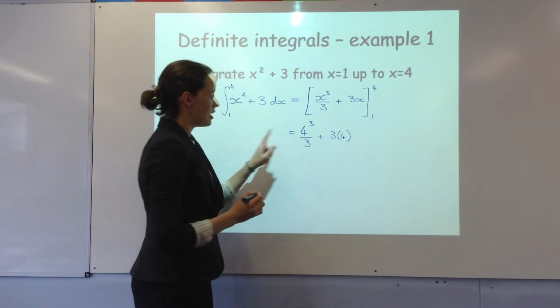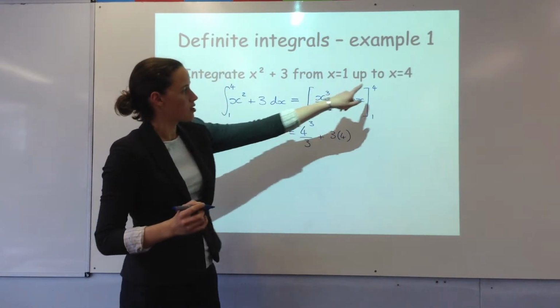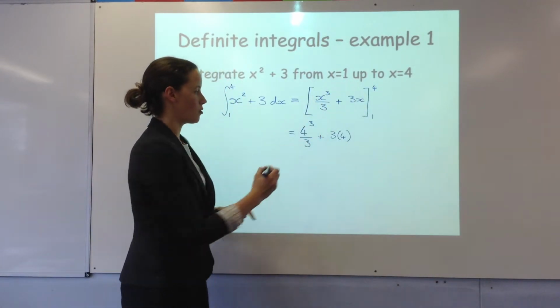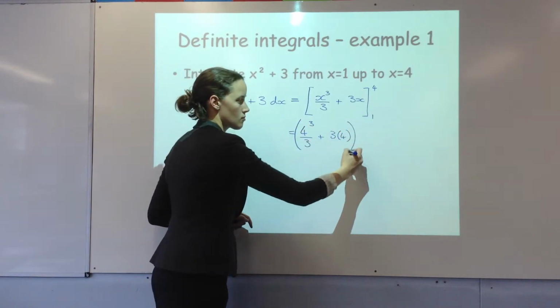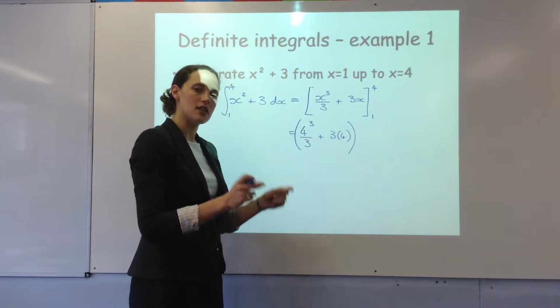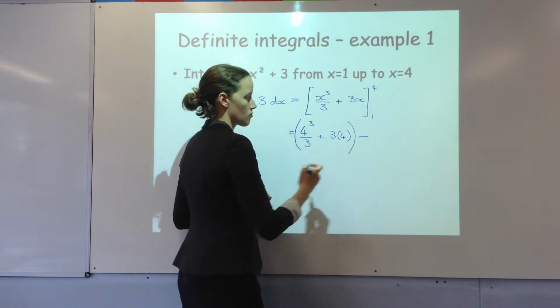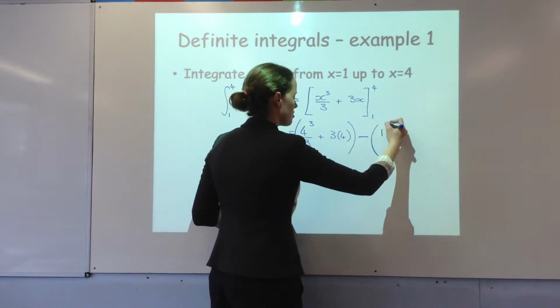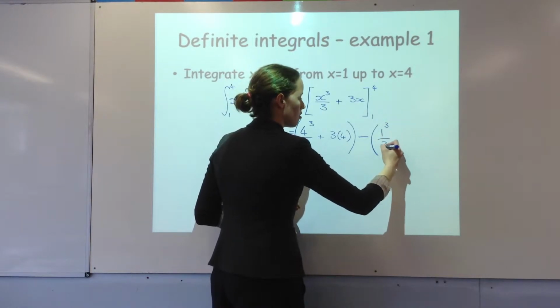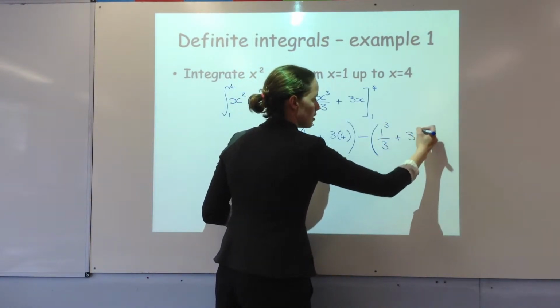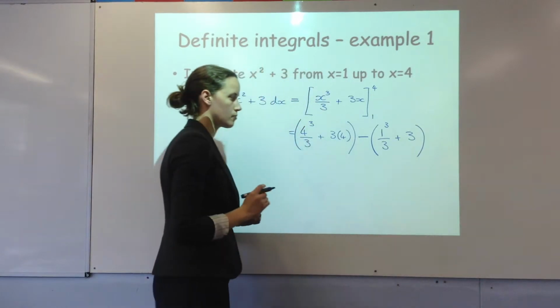So what you can see here is I've substituted in that x is equal to 4. And now I'm going to substitute in the second limit. We're going to have 1 to the power of 3 over 3 plus 3 times 1, which is just 3.